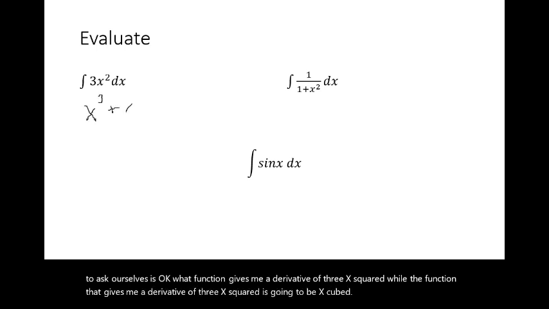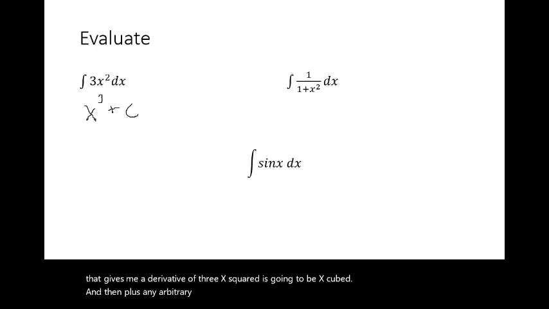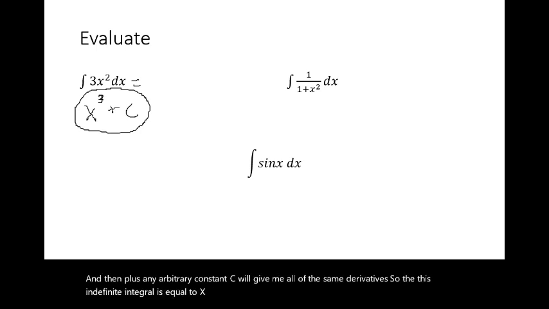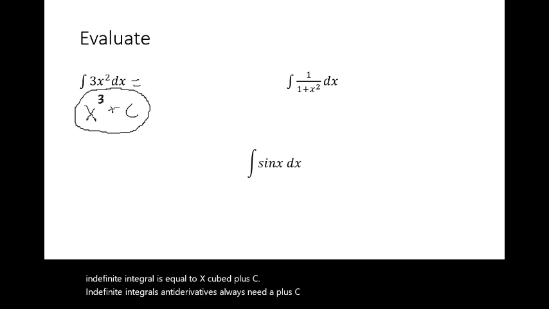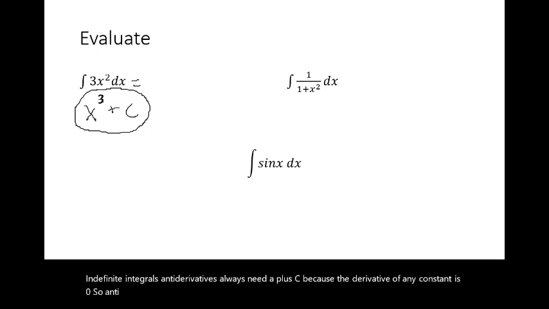And then plus any arbitrary constant c will give me all of the same derivatives. So this indefinite integral is equal to x cubed plus c. Indefinite integrals, antiderivatives always need a plus c because the derivative of any constant is 0. So antiderivatives or indefinite integrals are families of functions. You have to have the plus c here.